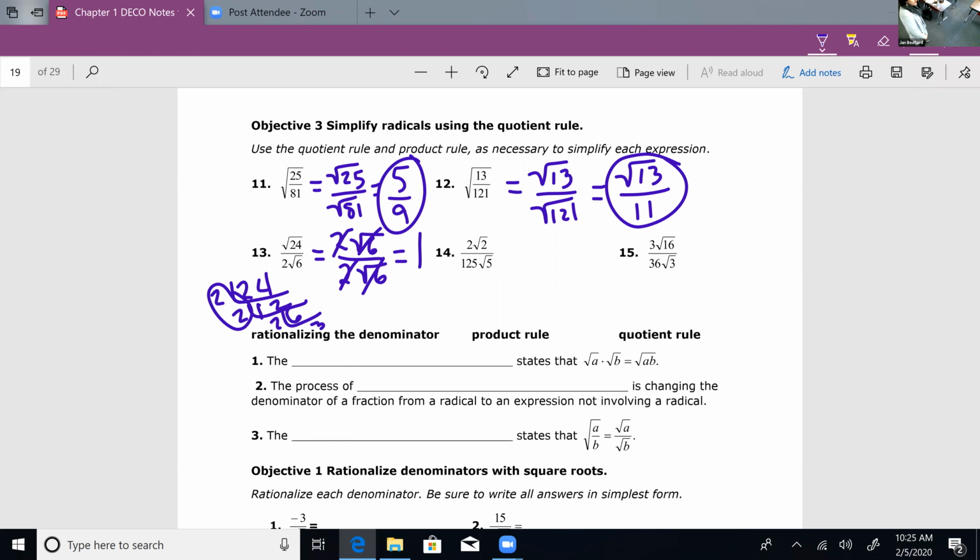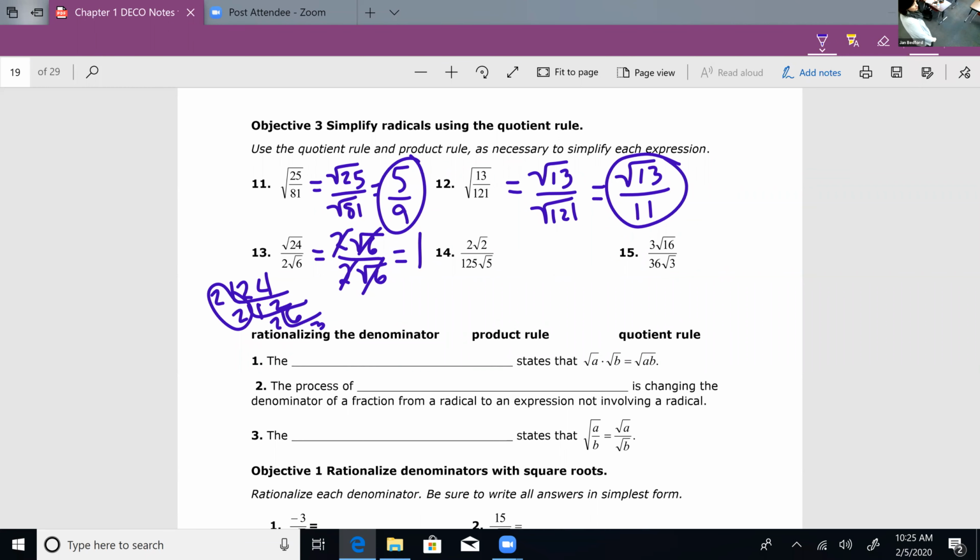Look at 14. Any idea there what we might be able to do? This one looks kind of funny, doesn't it? Because most of the numbers are already outside. What's under the radical on top is square root of 2, and then in the denominator it's square root of 5. And those don't factor anymore, do they?